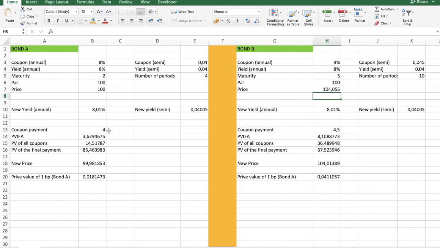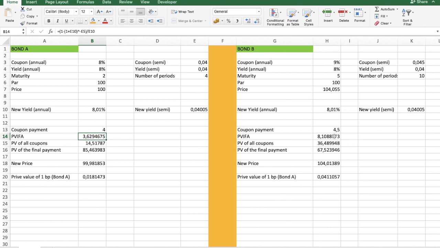So it moves from 4 for A to 4.5 for B. Now the present value, see here, it was equal to 3.6294 because the number of periods was equal to E5, which is 4.